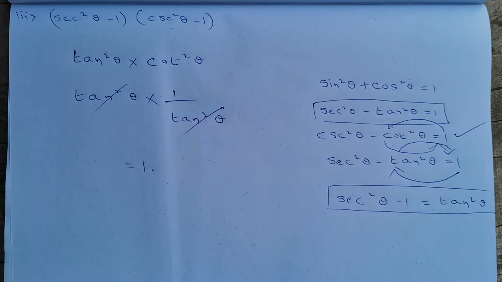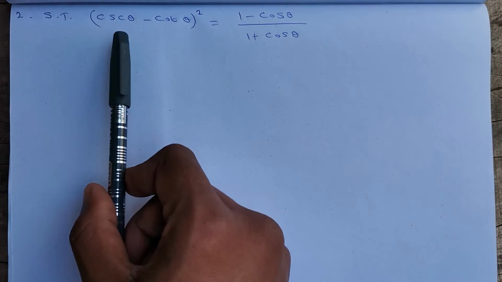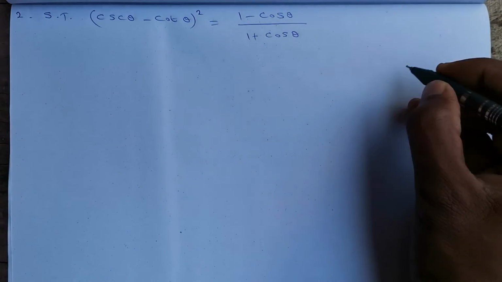Okay, next second question. Show that (cosecant theta minus cot theta) whole square equals (1 minus cos theta) divided by (1 plus cos theta). Here again we will be having three doubts. The first one: (cosecant theta minus cot theta) whole square is in the form of (a minus b) whole square.